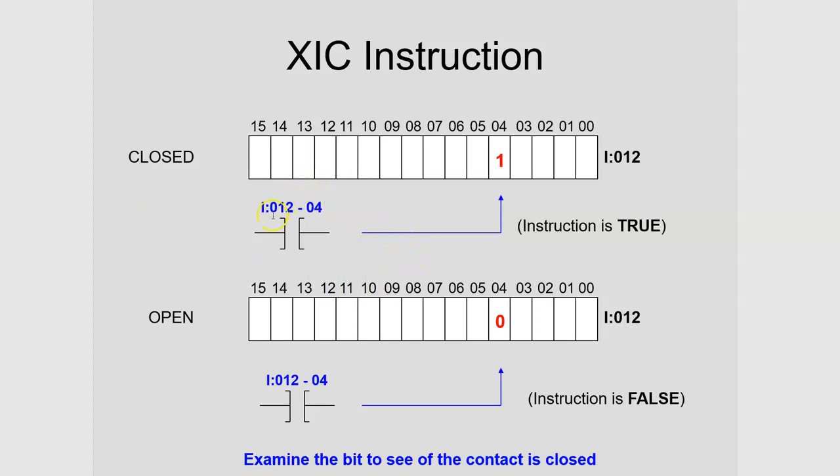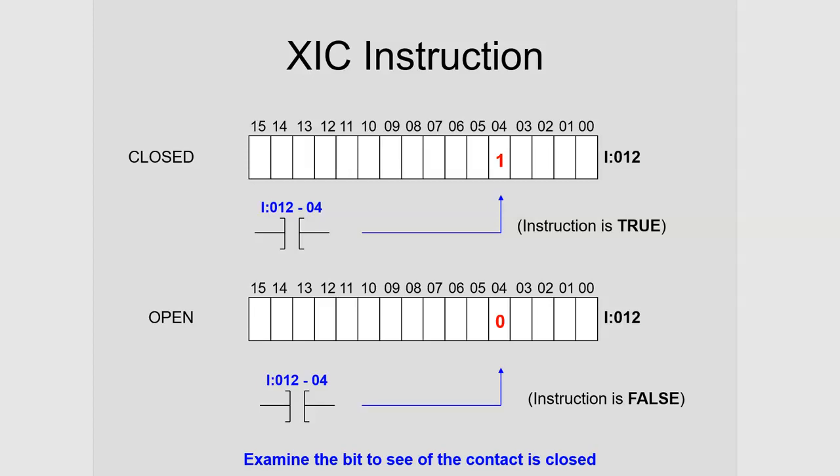First, notice here this I:012-04. This is kind of a generic addressing schema. Some kind of way you have to take the physical device. Let's say it's a switch. The physical switch is tied to the input module, and some kind of way you have to map that physical switch tied to that. Let's say it was tied to the 4th screw terminal on the input.